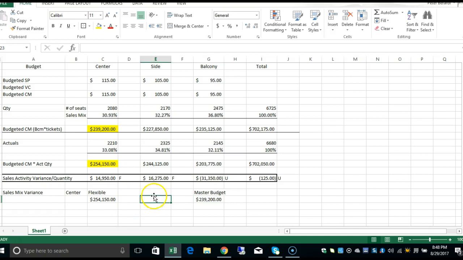However, we have this middle part here now where we're going to calculate our variance. This middle section is sort of a flexible on the flexible. So this is the following formula. You're going to take the budgeted contribution margin and multiply that by the actual quantity at sales mix percent.